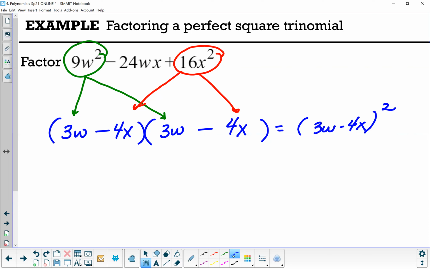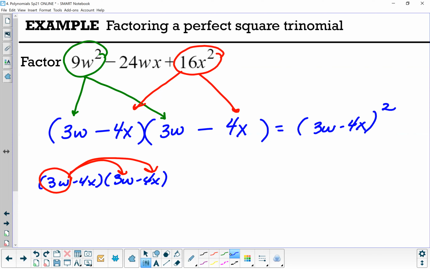Again, if you want to check your work, go ahead and multiply this out. So if you do the 3w minus 4x times the 3w minus 4x, you're going to distribute the 3w. So we get 9w squared minus 12wx.